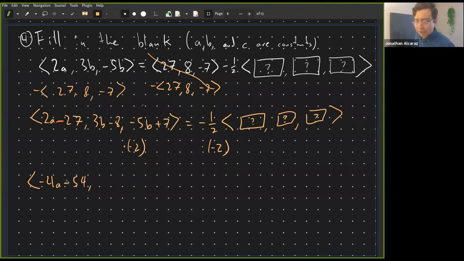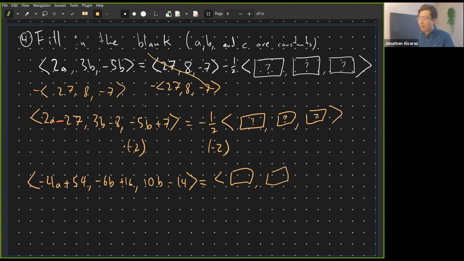Cool. So then this should be plus here. Multiplying again by negative 2: negative 6b plus 16, and then 10b minus 14. And now we've solved for these blanks.